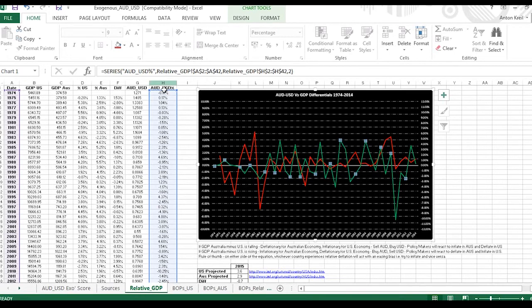So the green line, data coming from column H. And you can see there's a pretty strong relationship between the two historically.